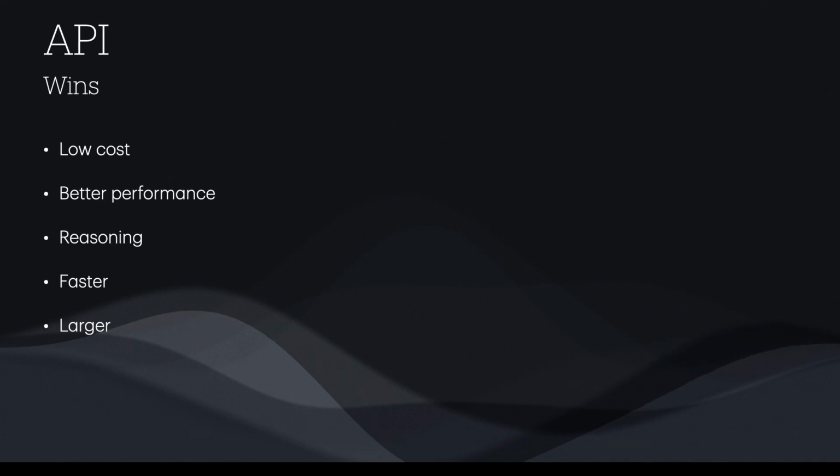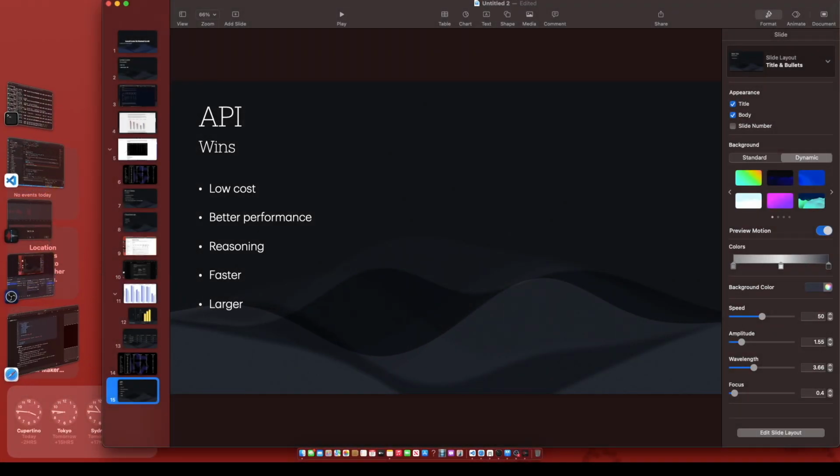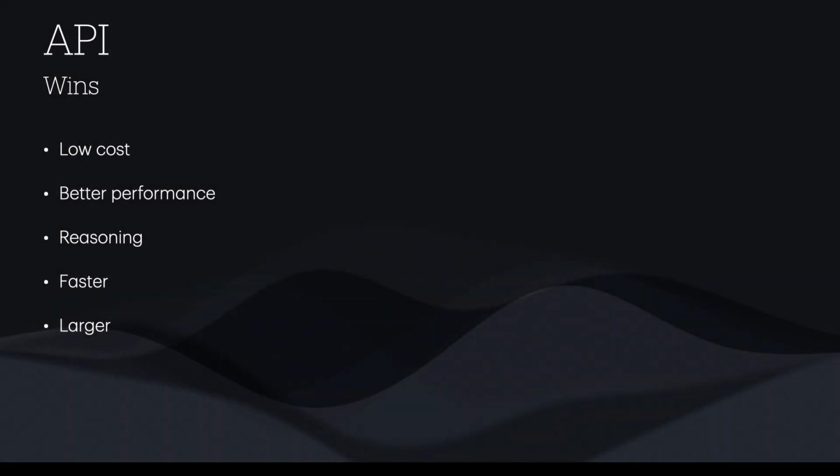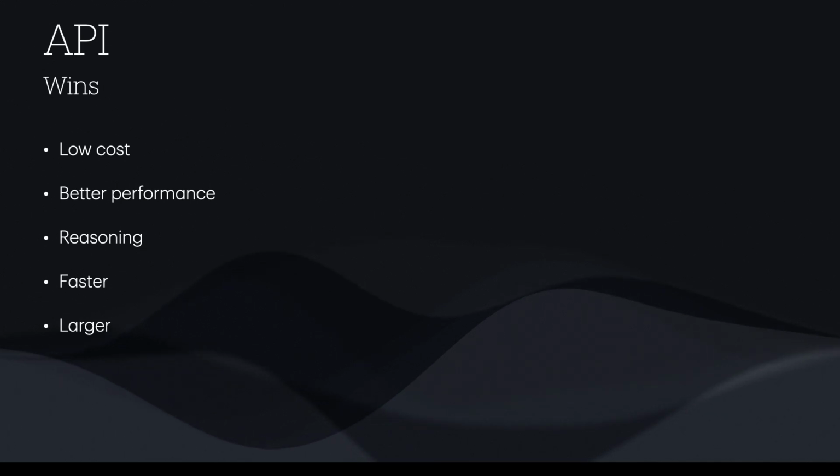Overall, that's why I think that APIs are better and low cost. They are overall low cost, and the performance is better than the local LLMs that we have available today.